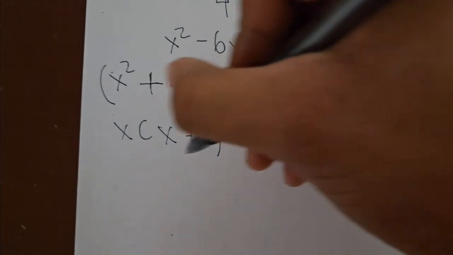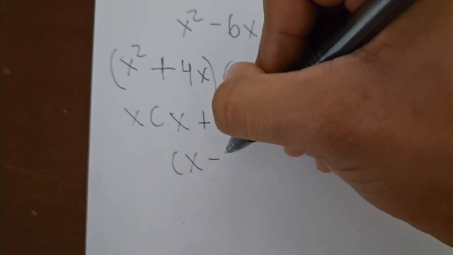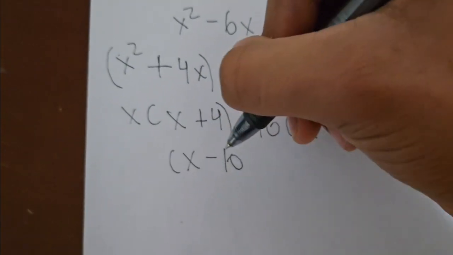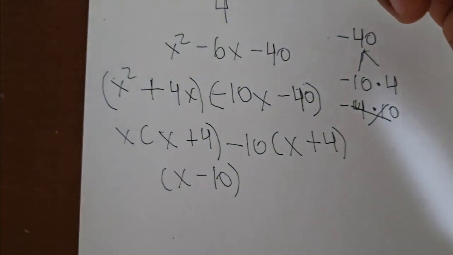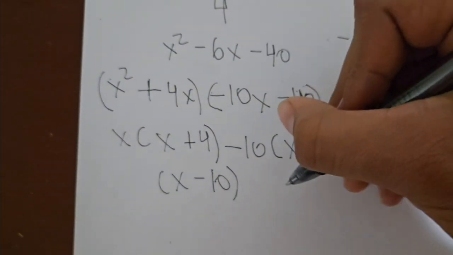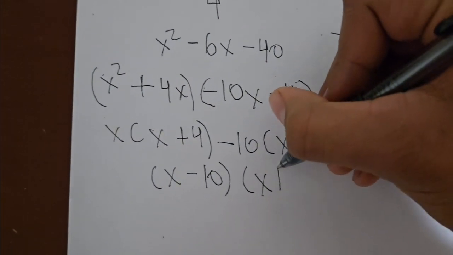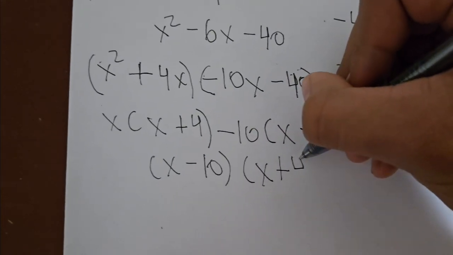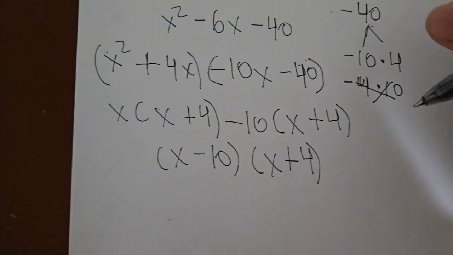After that, we take out x and negative 10 and put them in their own parentheses, so we have parentheses x minus 10. Then we take out the x plus 4 and put it in its own section, so we have parentheses x plus 4. These are our factors.